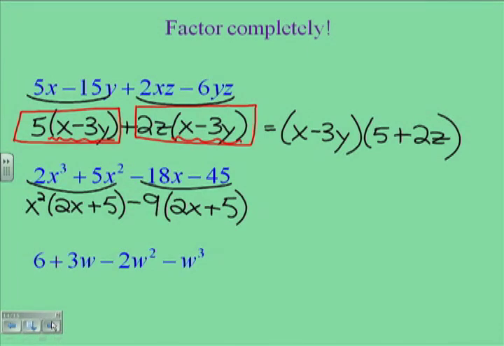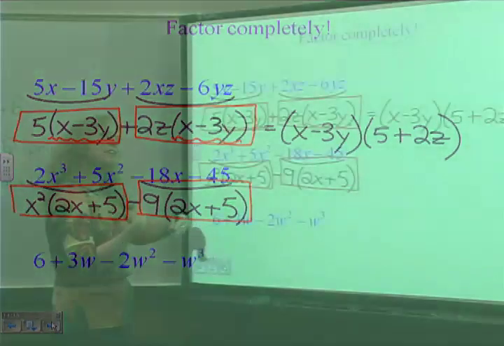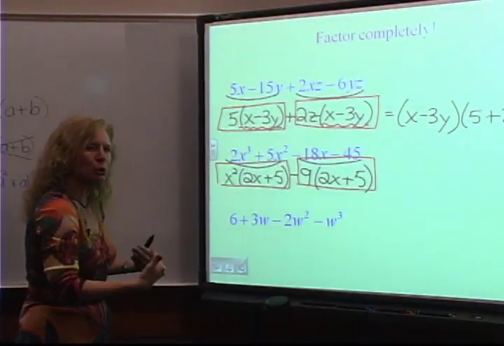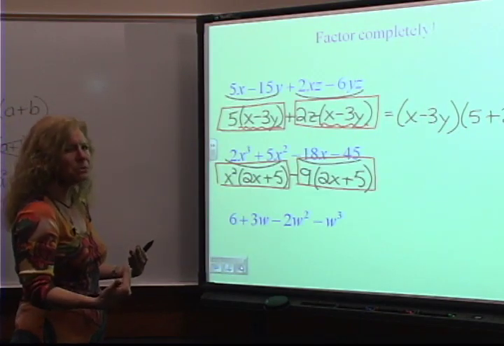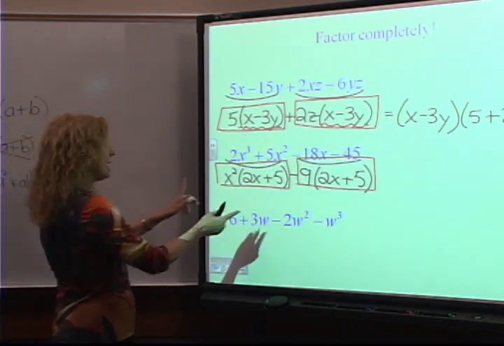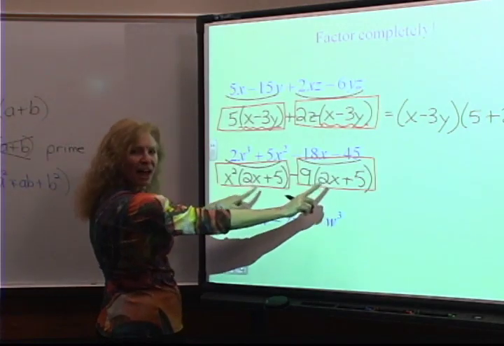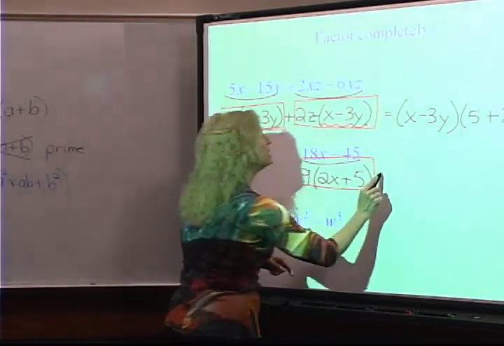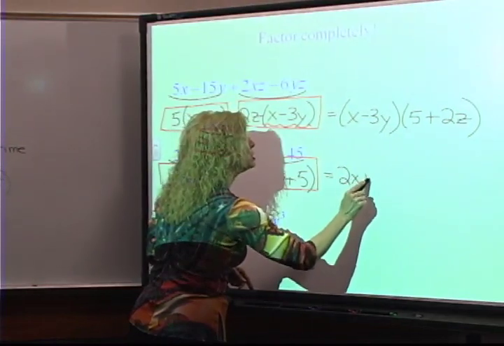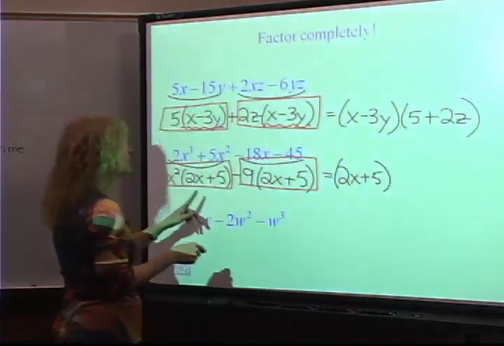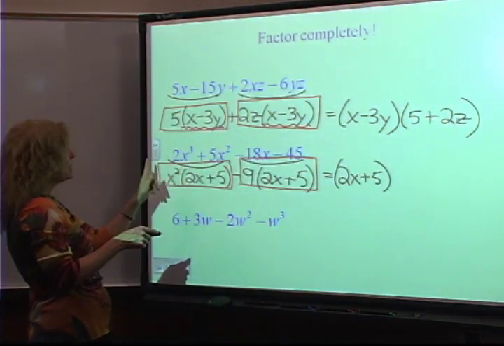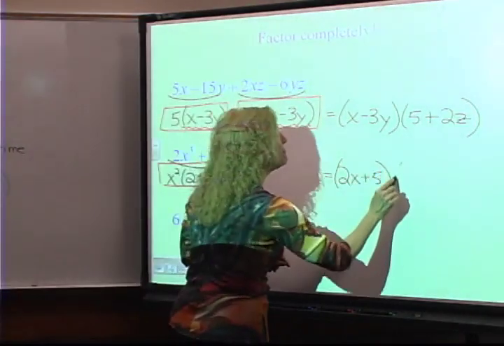And you see, after you've done these factoring of 4 terms, you start to realize exactly where you're heading. Remember how I started out talking about when you factor a number, you're looking for clues. We're also looking for clues here, or Q's. And I need this common factor of the 2x plus 5, because then I can complete this by saying 2x plus 5 is being multiplied times x squared minus 9.